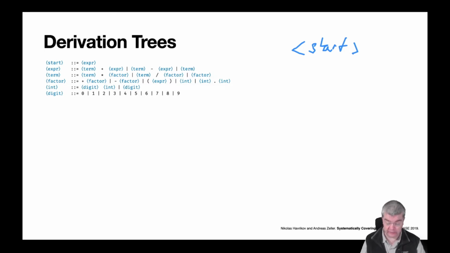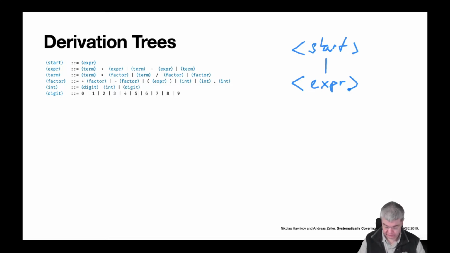Now, when we are expanding, when we are producing something, we take any of the non-terminal symbols in the derivation tree, and then we add the expansion that we have on the right side of the grammar as a child for that node. So start gets expanded into expression, which means that we can now create a child, namely from start to expression. So now our tree has a first child.